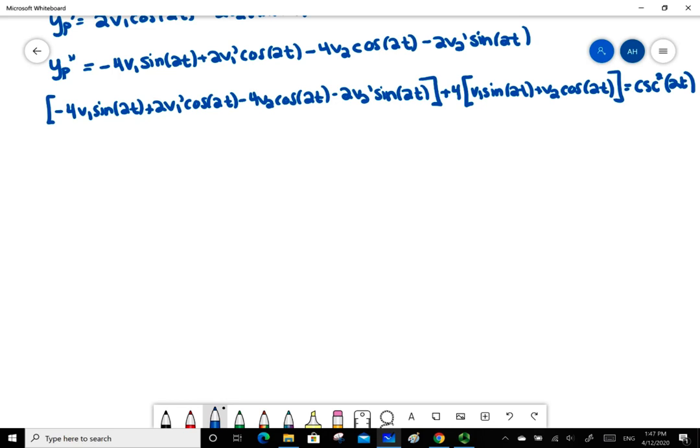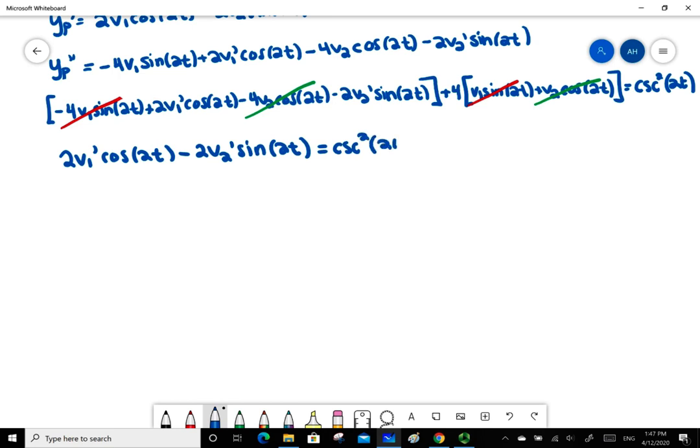Just like in reduction of order, all of the terms with just v1 and v2 should cancel. This leaves 2v1' cos(2t) - 2v2' sin(2t) = csc²(2t).